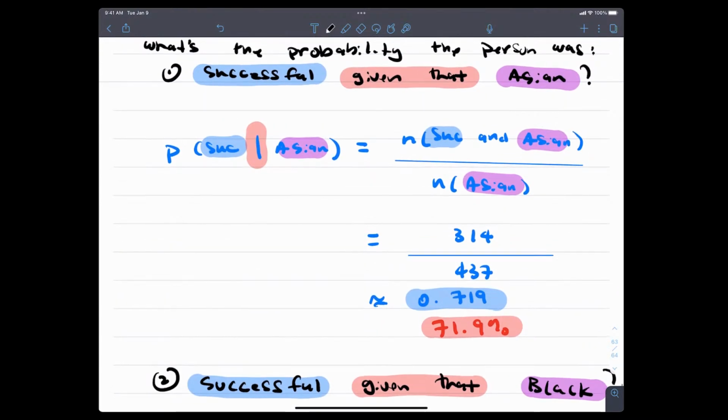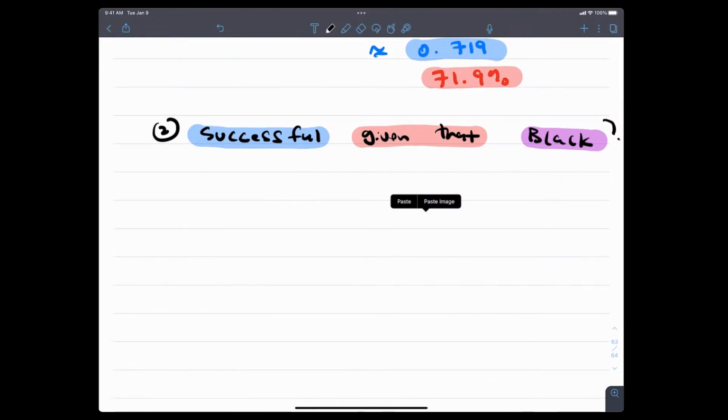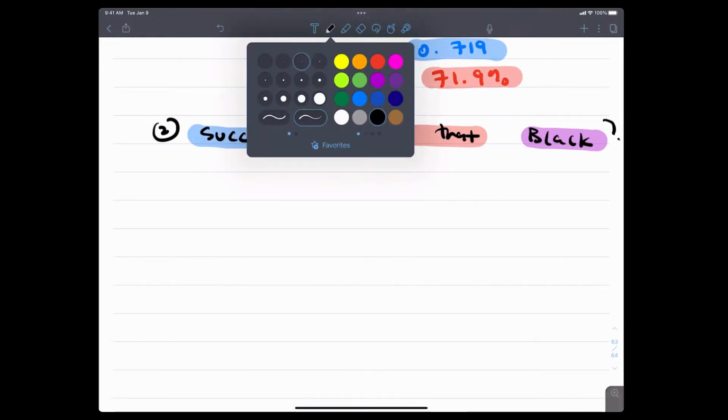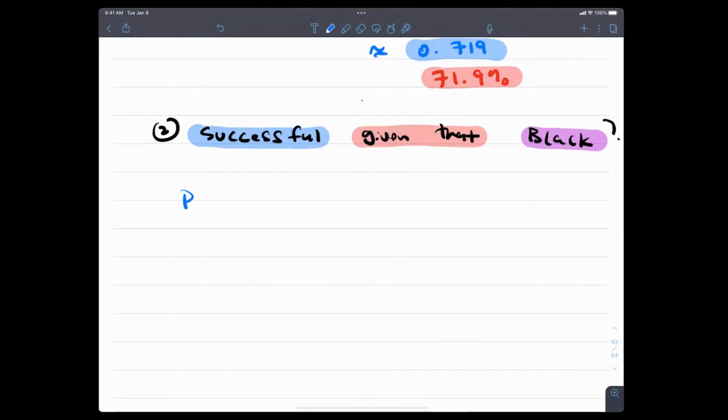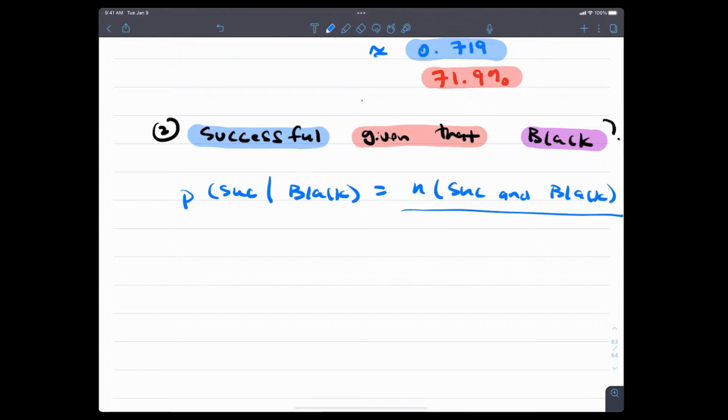You're going to use your conditional probability definition again to find these rates. Probability you're successful given that you're Black is the number who are successful and Black divided by the number who are Black.